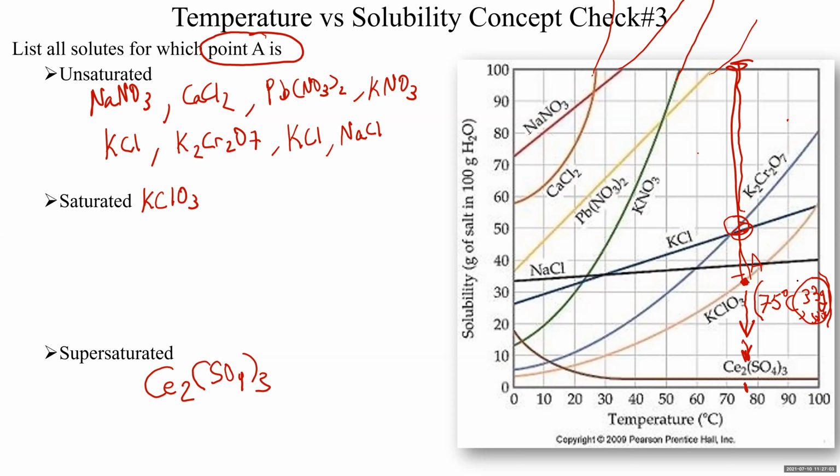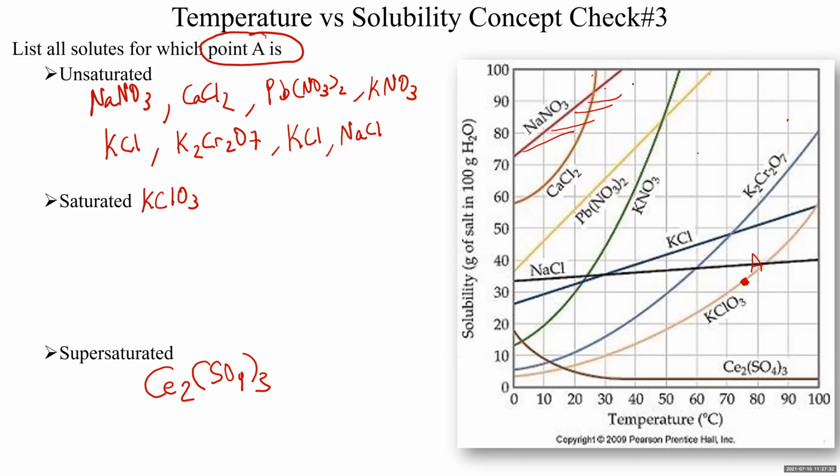That's for point A. And just in case I've made it totally unclear, let me just erase all this other stuff. There is our point A. So any graph that is located above a certain point means that that point represents an unsaturated point. In other words, below each one of these graphs, for example, sodium nitrate, anything below the graph at any given temperature represents unsaturated.